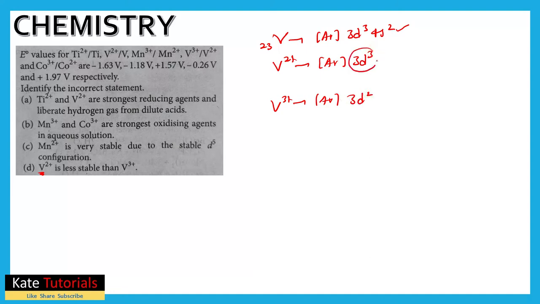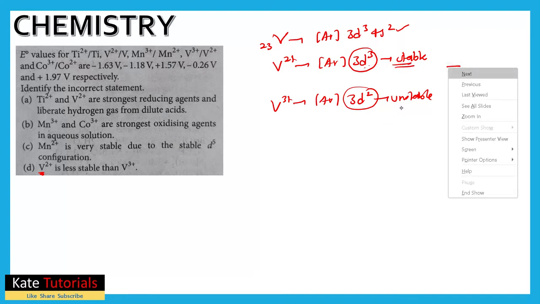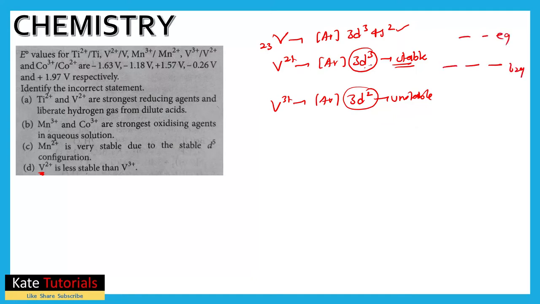So here 3d3 is a stable electronic configuration, and 3d2 is an unstable electronic configuration. You will ask, why sir, is 3d3 stable? In octahedral splitting, the lower t2g orbitals come down, and the 3 electrons are half filled in t2g. Because of that half filling, it has stability.